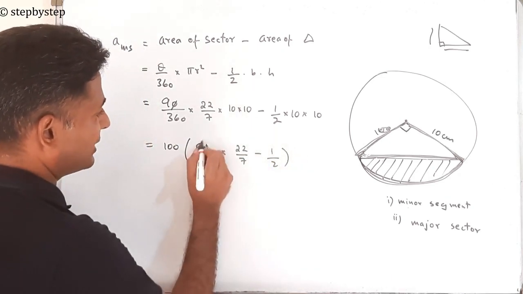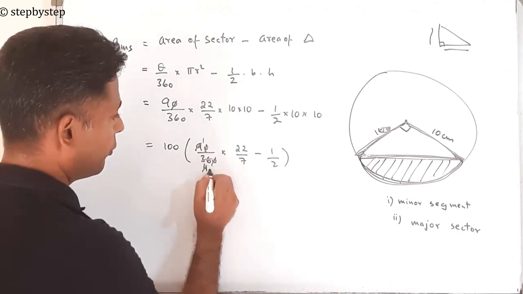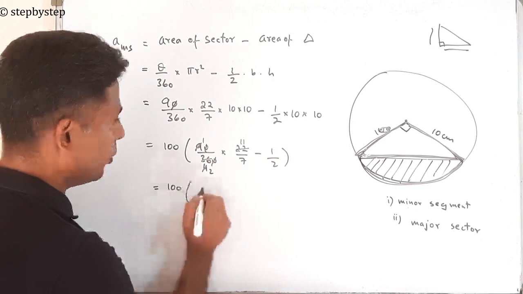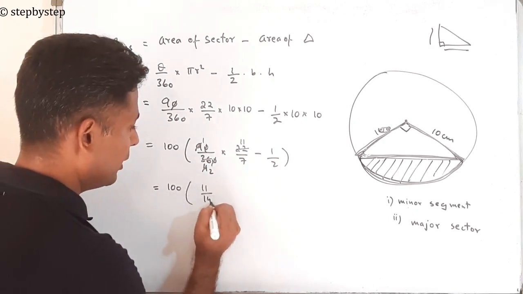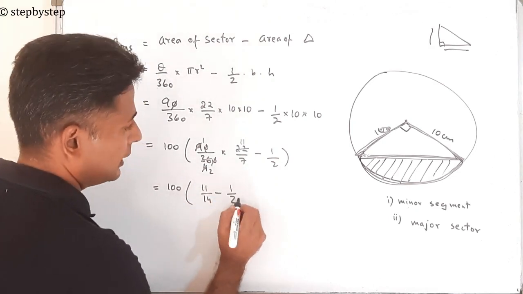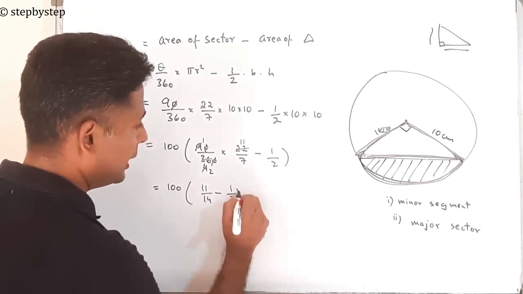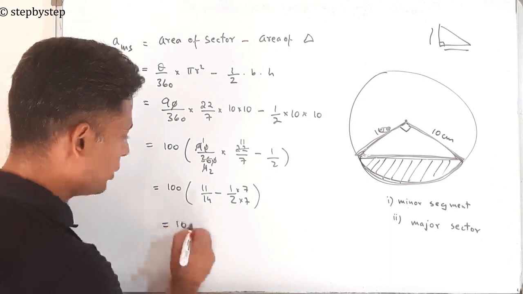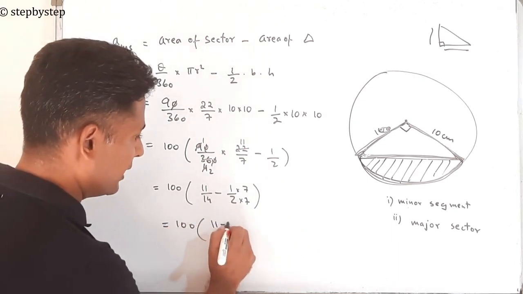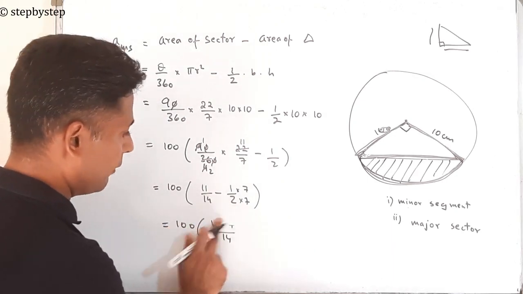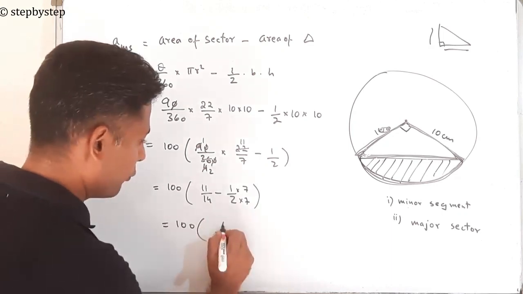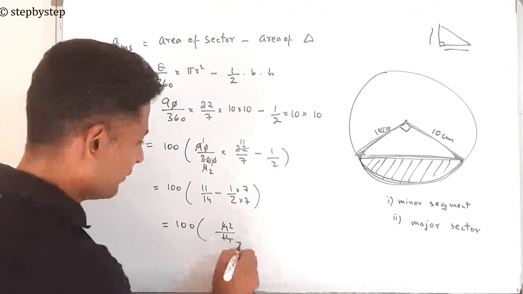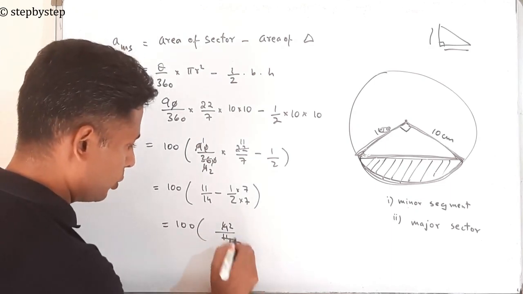So I get 100 into 11 by 14 minus 1 by 2. Taking LCM, I get 100 into 11 minus 7 by 14. 11 minus 7 is 4. 4 by 14, that is 2 by 7.